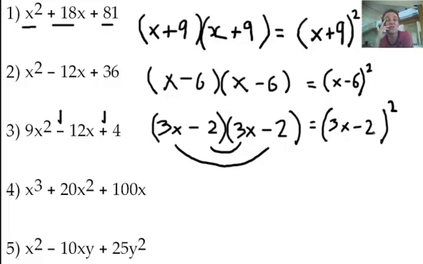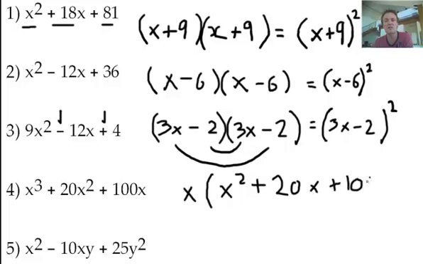And that really is all the difference from what you've done in the previous session. With question 4, all you're doing for this one is, first of all, take an x out. Remember, sometimes you can always factor something out first, then it becomes just like these trinomials: x squared plus 20x, there's the x term, and here's the number at the end, plus 100.